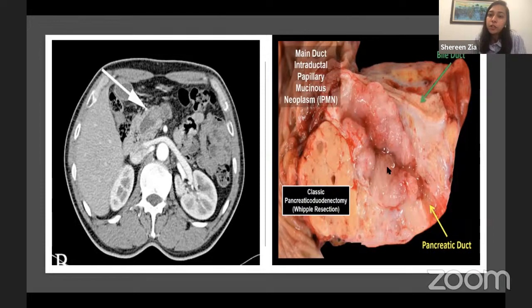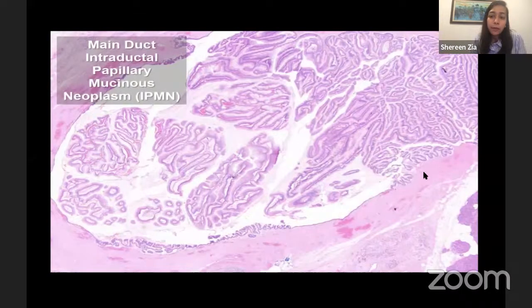There is some fleshy kind of lesion in here with some mucin. And on microscopy, this is a duct that is dilated with this lesion. That's main duct IPMN because it's involving the main pancreatic duct. The stroma on the sides is fibrotic, and these are all papillary excrescences, and they look pretty low grade over here.